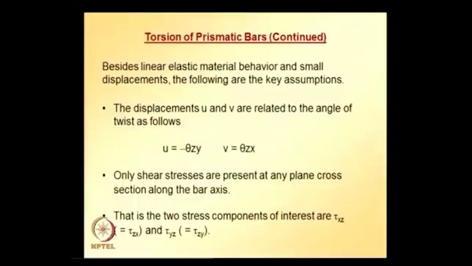Only shear stresses are present at any plane cross section along the bar axis. That means the two stress components of interest are tau xz, which is the same as tau zx, and tau yz, which is the same as tau zy.